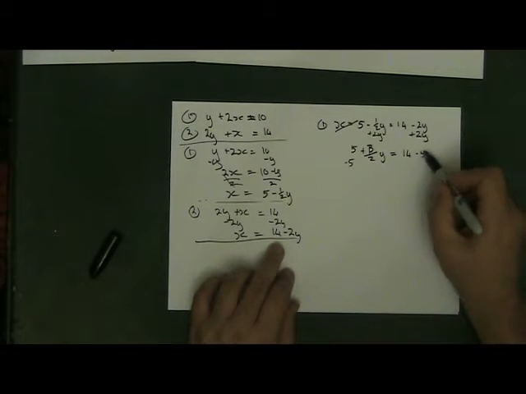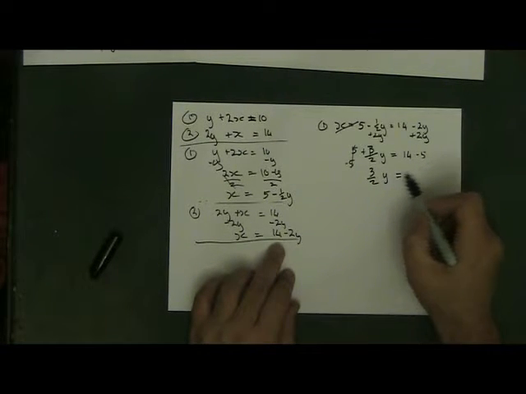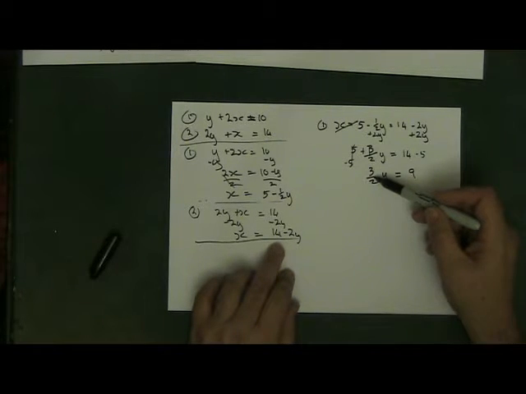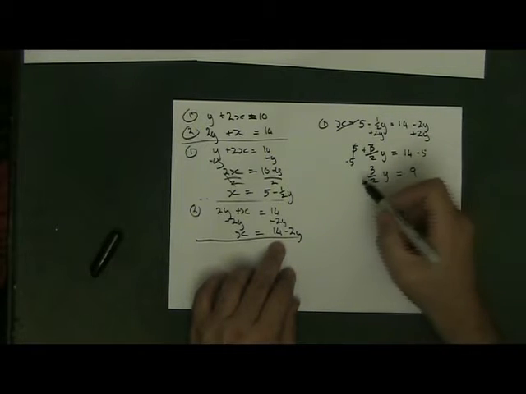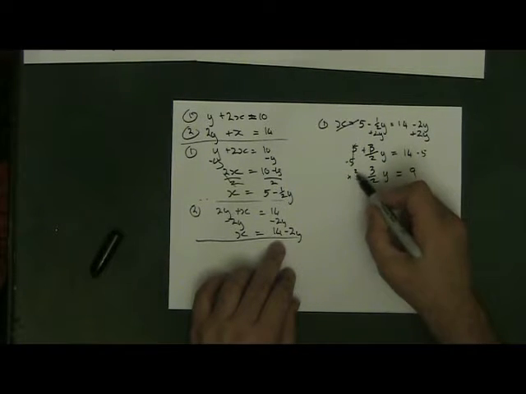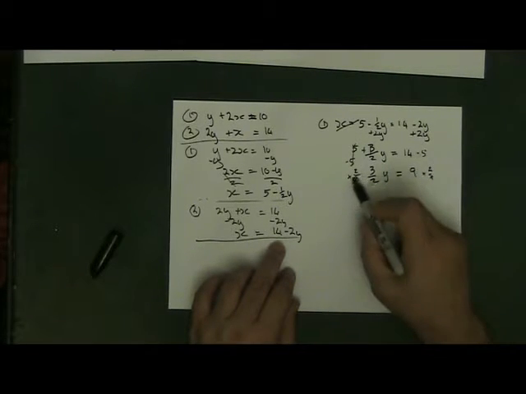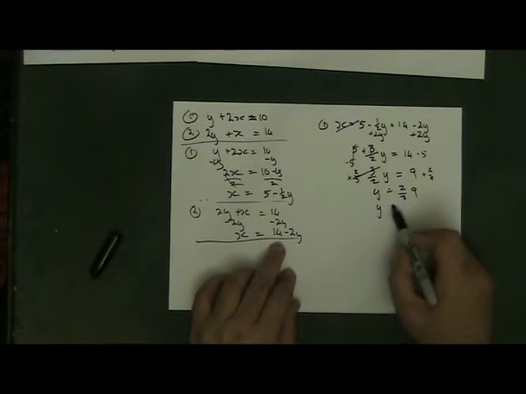So 3 over 2 y equals 9. Now when you take a fraction over, you flip it over. So if I go times 2 over 3, times 2 over 3, these will cancel, so y equals 2/3 of 9, so y equals 6.